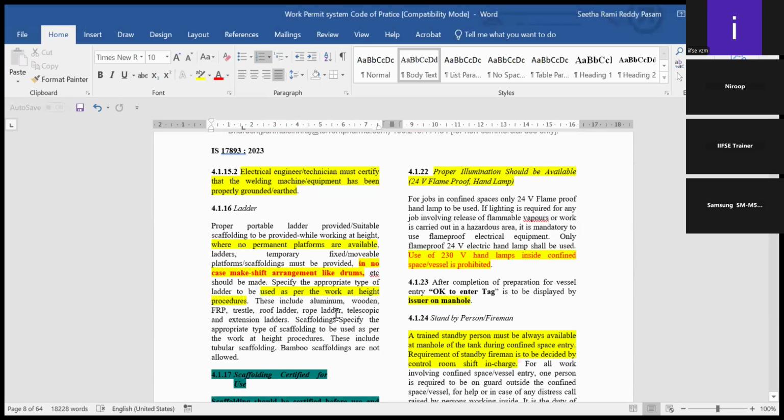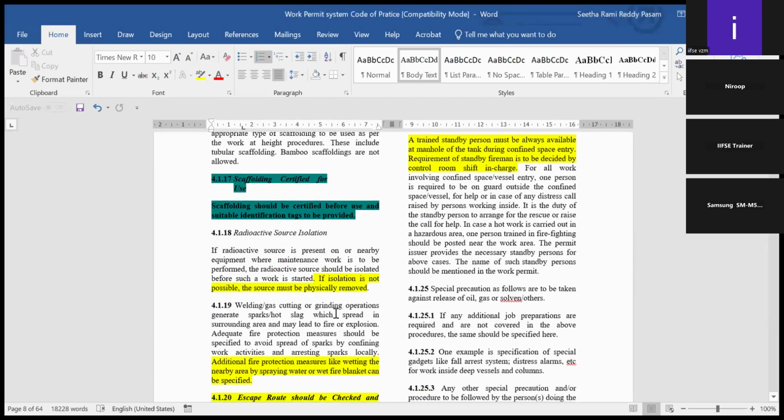In the work at height procedure itself, we have to mention what type of ladder is supposed to be used when performing an activity where there are no fixed platforms, because every equipment will not have a fixed platform. In those cases, we have to specify what kind of ladder should be used.